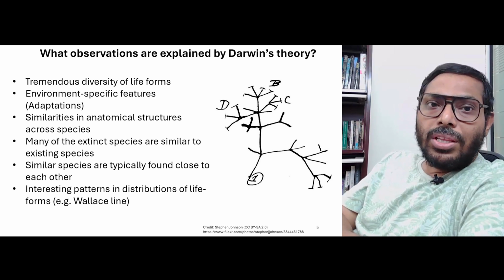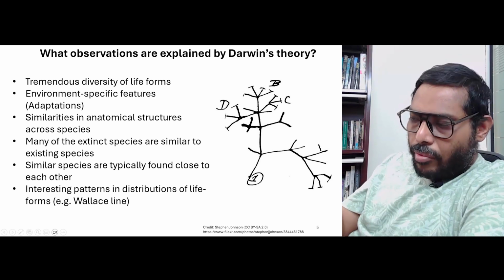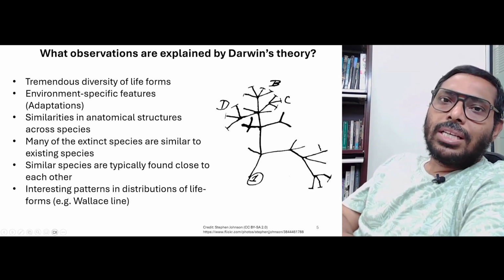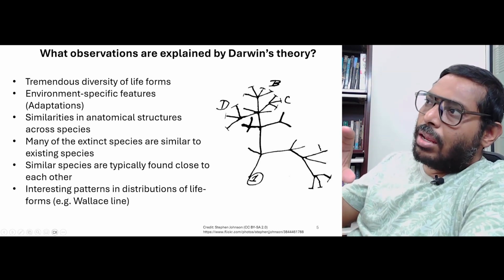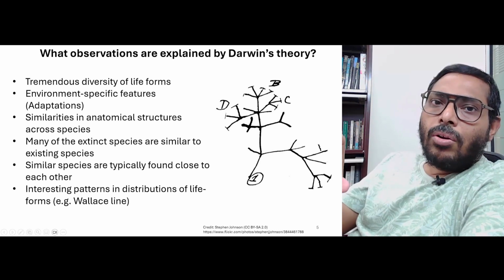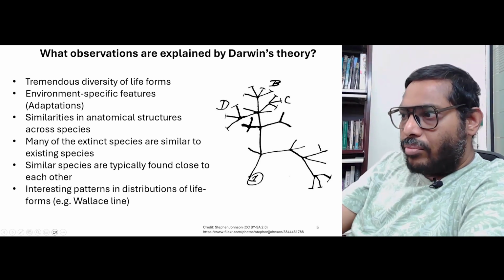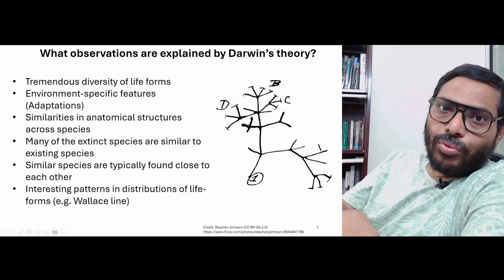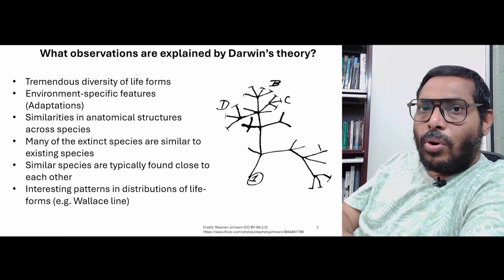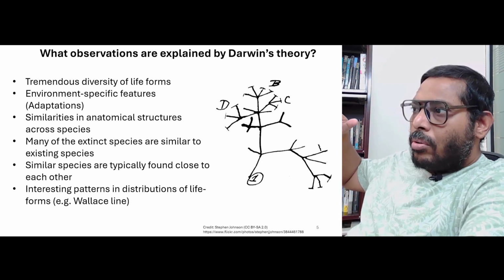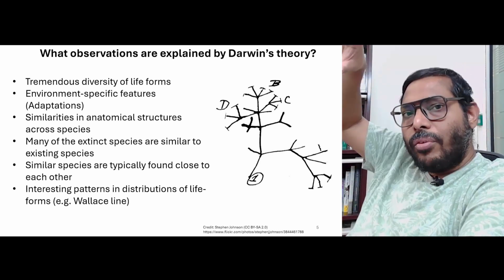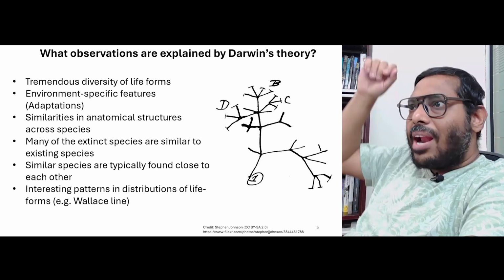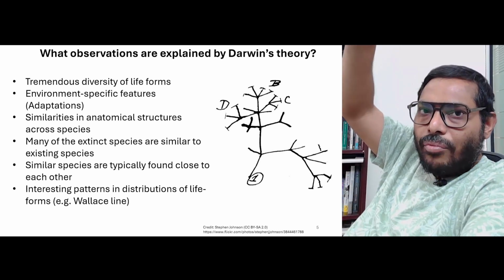And then of course, all these interesting patterns of distribution of life forms, how do you explain that? Again, Darwin's explanation is that this entirely depends on from which branch of this kind of a tree they have originated, and after that how exactly they have moved. So, for example, if you remember the video about Wallace line, you have two different groups of organisms. One has arisen from the marsupials of Australia, another has arisen from the placentals of Asia.